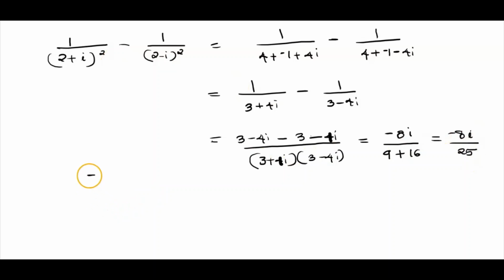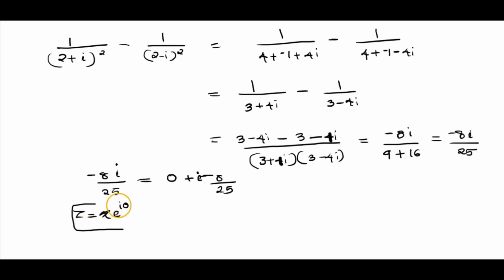We can write it in the form x plus iy, that is minus 8i by 25 is 0 plus i into minus 8 by 25. This is x plus iy form. Now in modulus amplitude form, we can write this as z equal to r e raised to i theta, or z is equal to r times cos theta plus i sin theta.